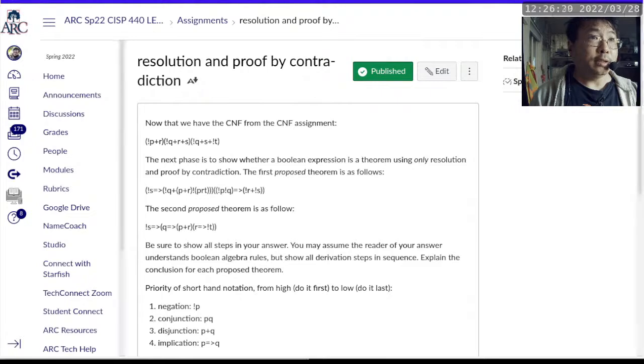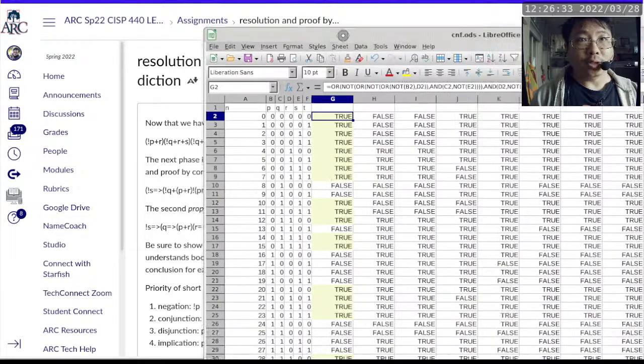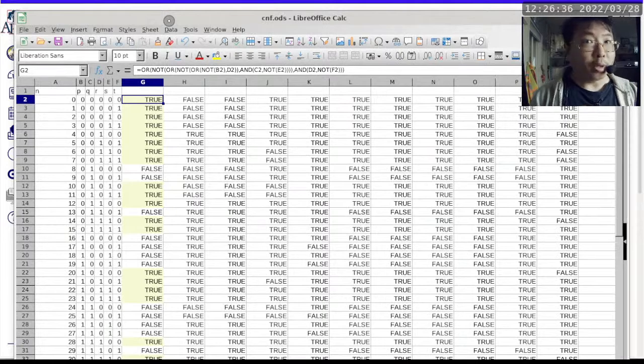Once again, I would strongly advise you to learn how to use a spreadsheet or a C program. CISP430 is a co-requisite of this class, which means all of you should have taken CISP400 already, which means you should have taken CISP360 already, which means you should know how to use a loop or a nested loop to come up with all of these test patterns, then translate the Boolean expressions, and keep track of whether two expressions are the same for all the values of whatever variables you're using.